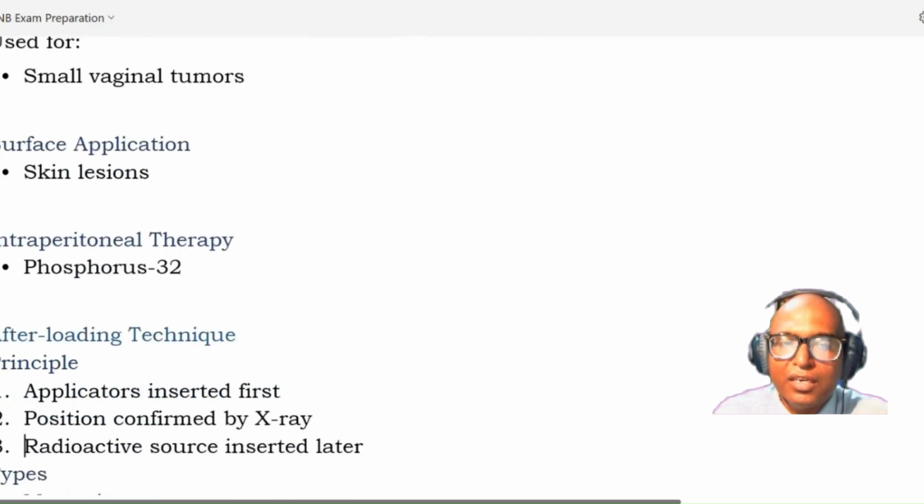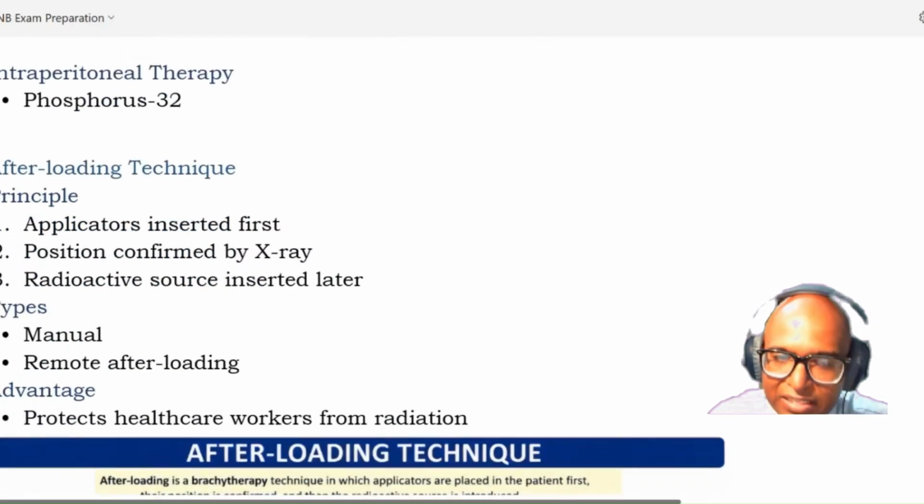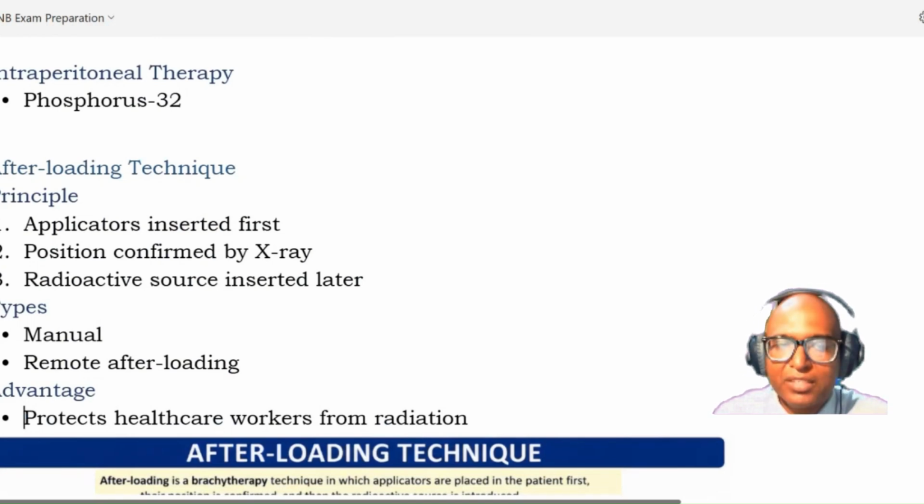Okay. Then what is the technique for giving this brachytherapy? It is the afterloading technique. Okay. Remember, the technique is the afterloading technique. Now, what is the principle of afterloading technique? Here, the applicator is inserted first.